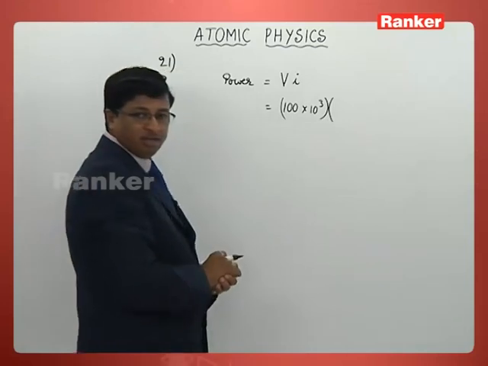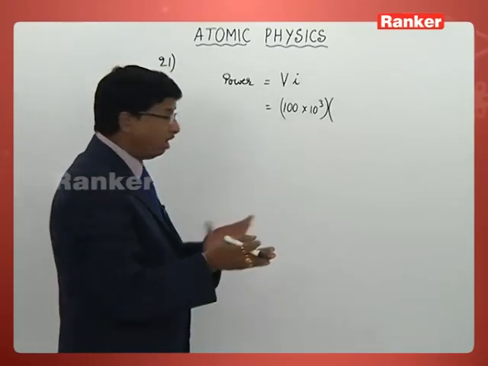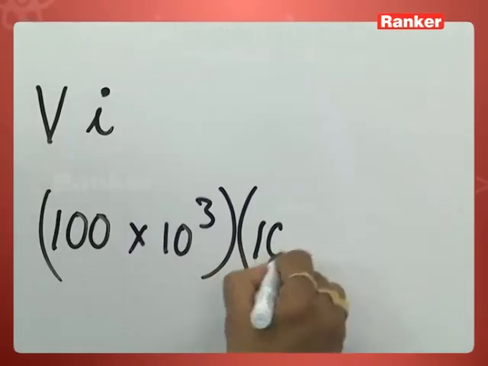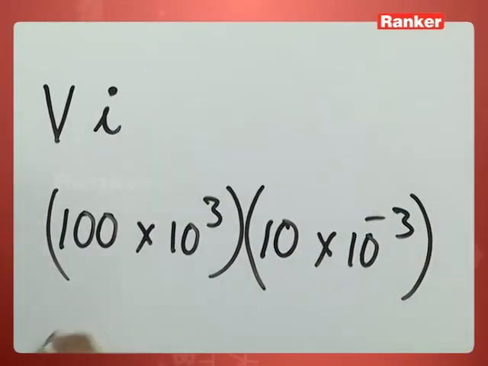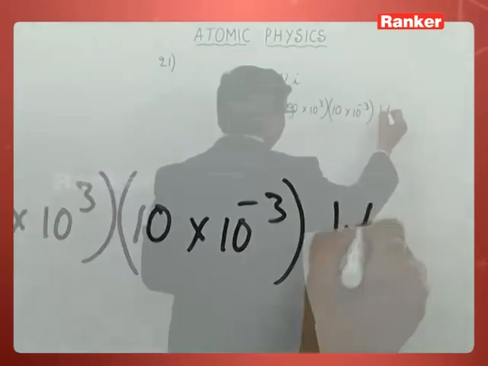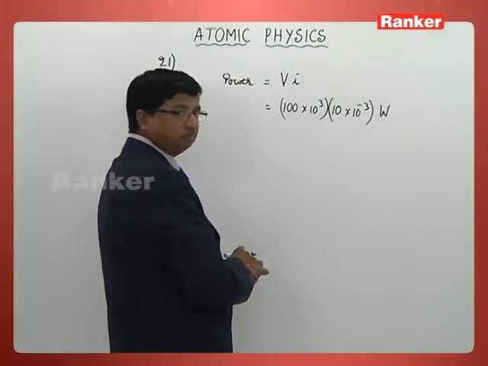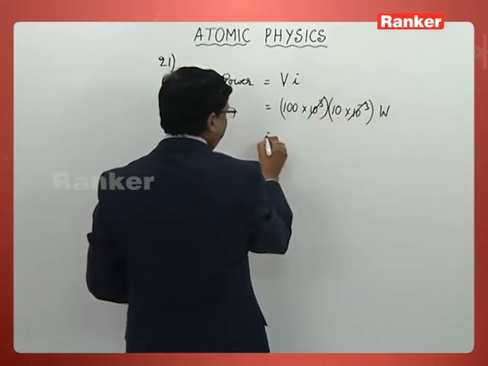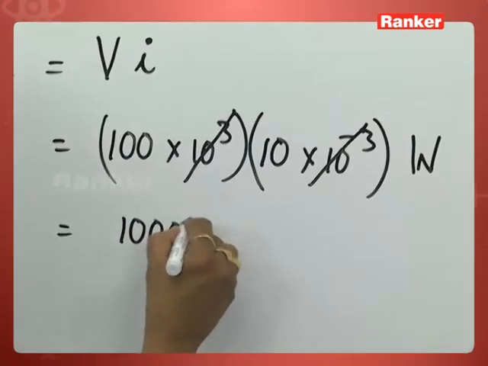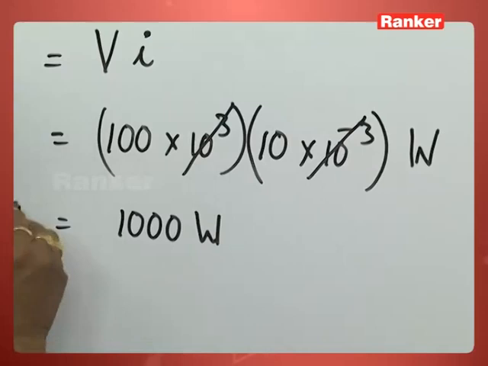Current is given 10 milliampere, so 10 milli, 10 power minus 3. Whatever the value you get, that is in watt. Now you can cut these two. Simply you are getting 1000 watt as the power. Fine.